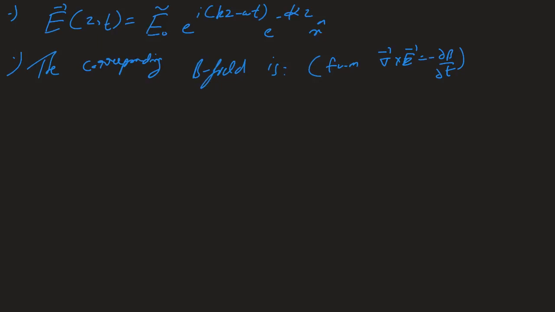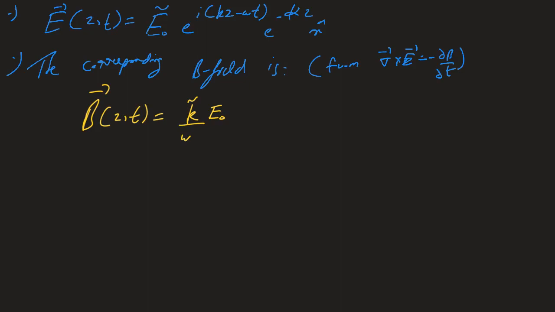So you take the cross product of this electric field and put that equal to del B by del t. So then you integrate with regards to time, and so basically what you get when you do that is that the B field as a function of z and t becomes equal to k tilde, which is the complex wave vector, over omega times E naught.